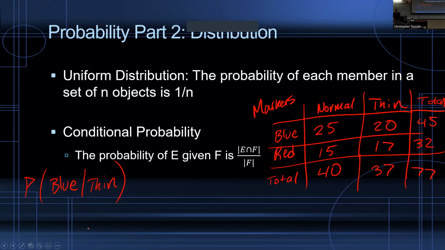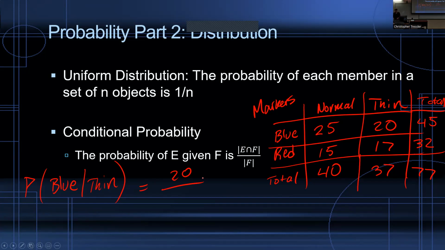So blue given thin, that's going to basically say we're going to take the probability here. We're going to say, how many markers are both blue and thin? So we're going to go to this graph. Blue is right here, thin is right here. So we have 20 total markers that are blue and thin. But now we're going to ask how many total markers are just thin.